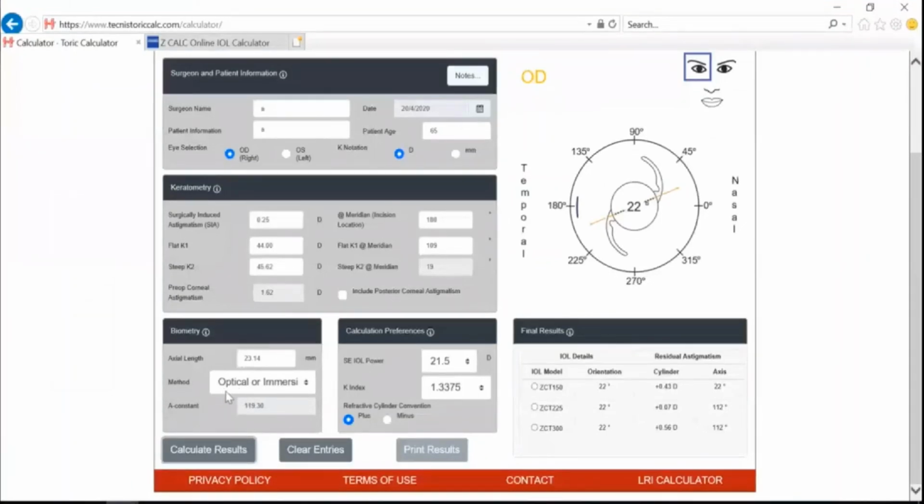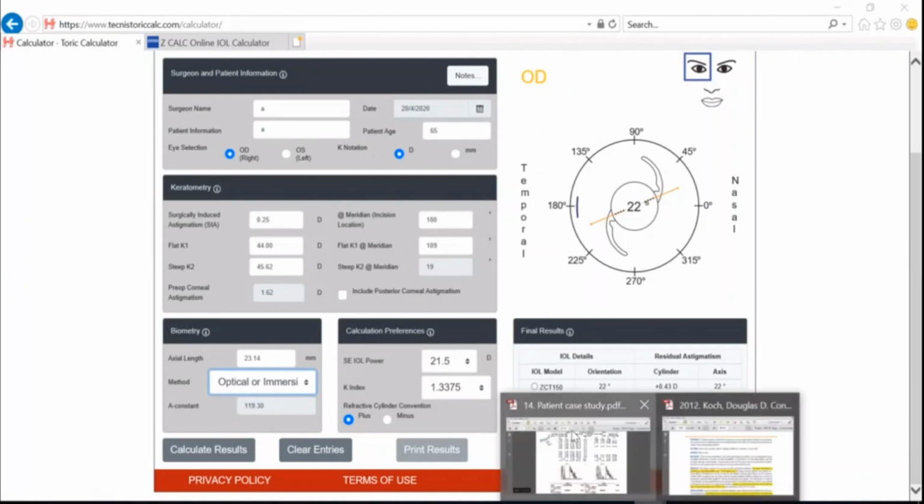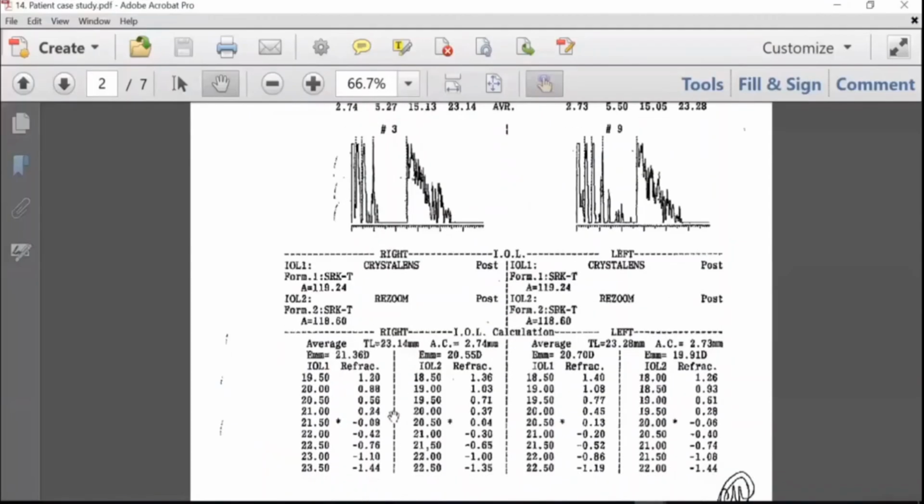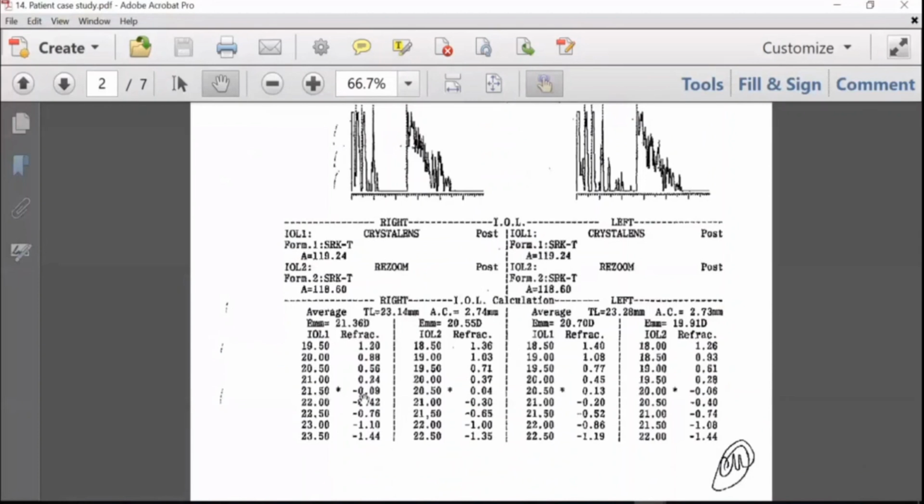For the method of biometry, you can choose optical or immersion, which is the same value of 119.3. Spherical equivalent power chosen is 21.5, so I'm just assuming it's this value that is chosen, closest to emmetropia, slightly myopic, but still very close to 0.